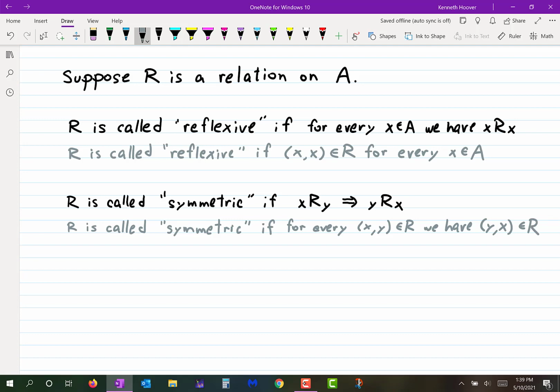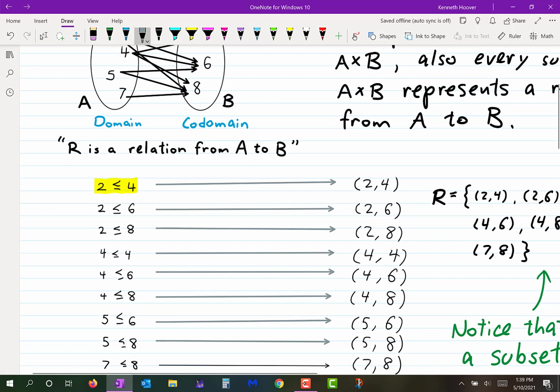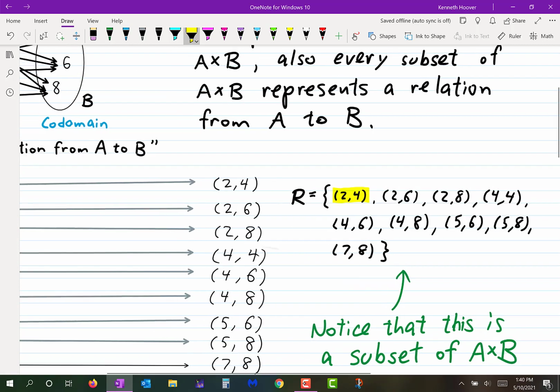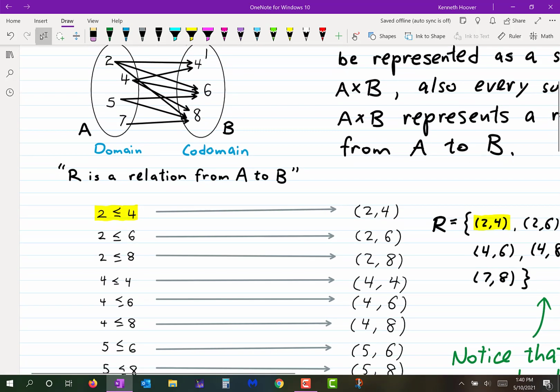So again, I'm going to go back to that first relation and show you that it's not symmetric, because I'm going to use the same example. 2, 4 is in the relation, but if you look there, you see that 4, 2 is not. That's why this is not symmetric.